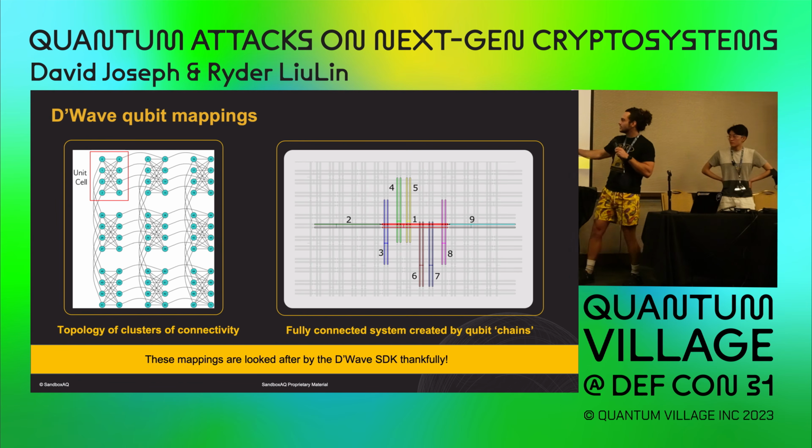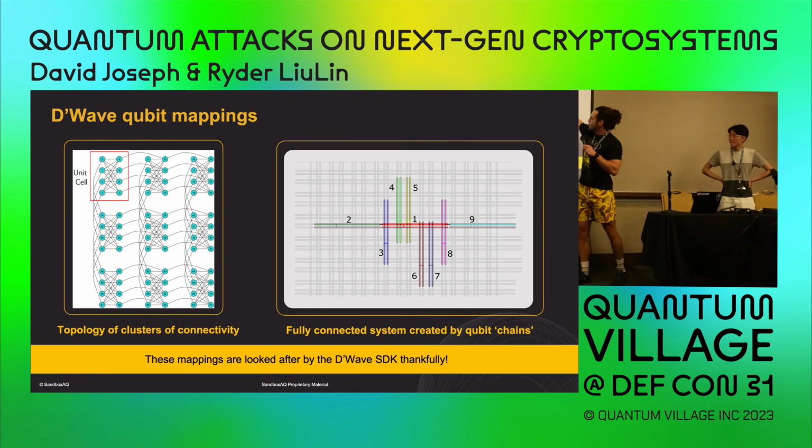What happens is you set these qubits to be very strongly interacting with other qubits, and you create a qubit chain, right? By using these chains of qubits, this is what D-Wave would call a logical qubit. Other people call a logical qubit an error-corrected qubit, but these are not what I would call error-corrected.